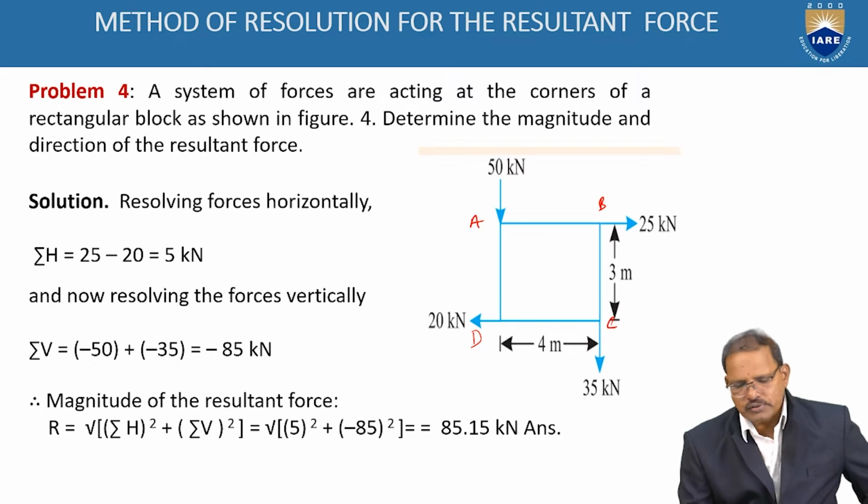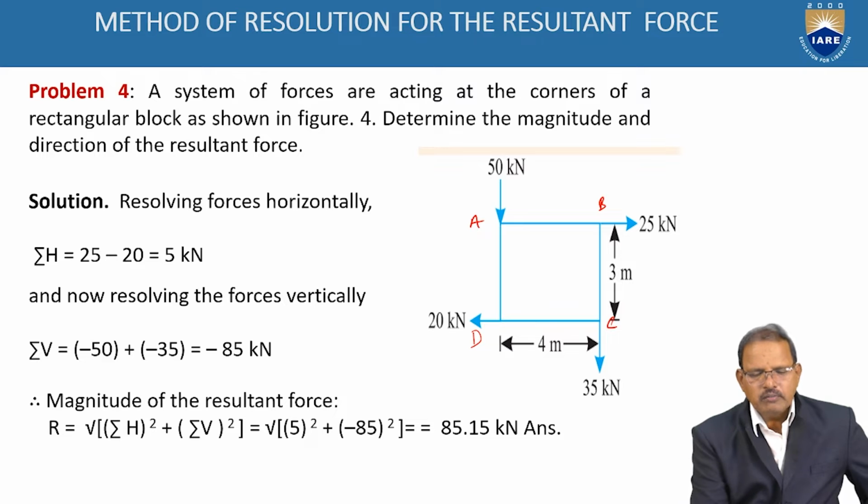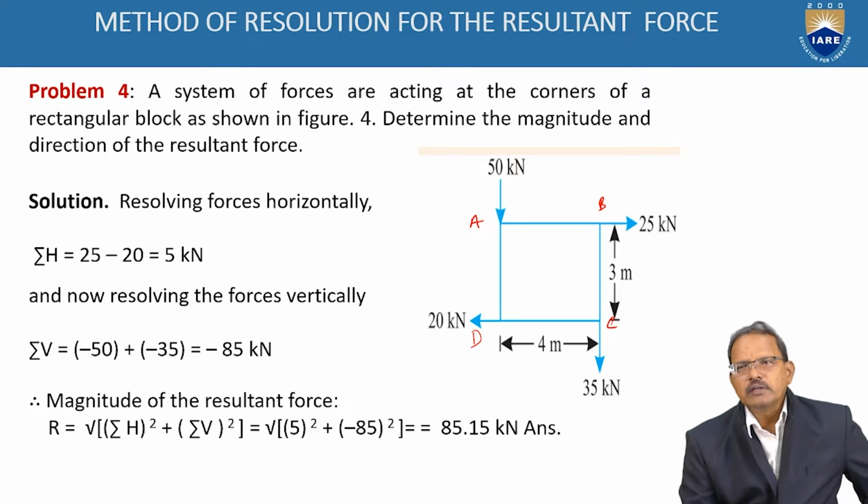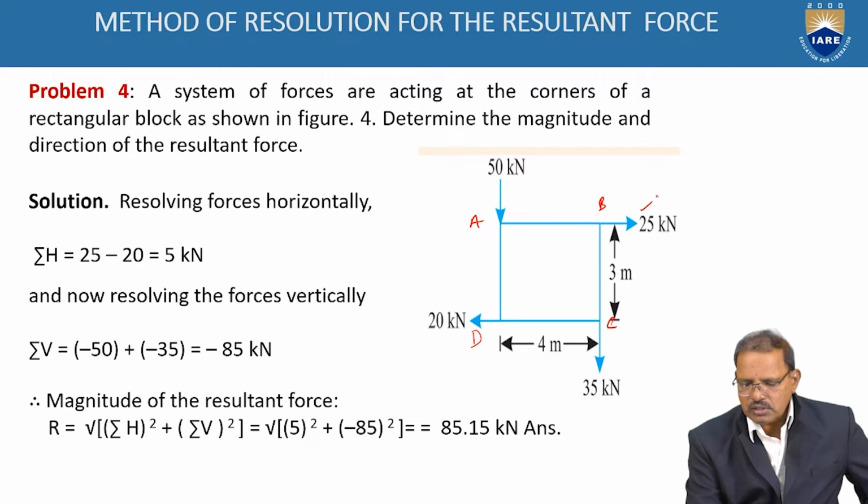So sigma H is equal to 25, which is positive, and 20, which is negative. That algebraic sum is 25 minus 20, which is equal to 5 kilonewtons. This 5 kilonewtons is the horizontal component of the resultant force.